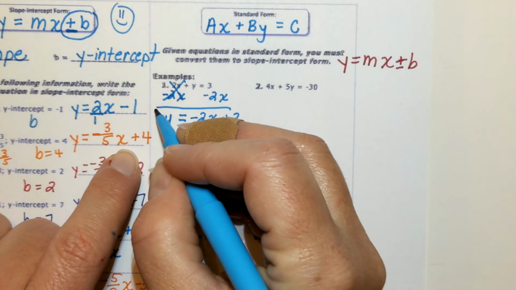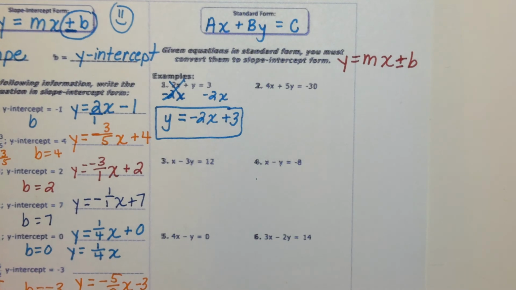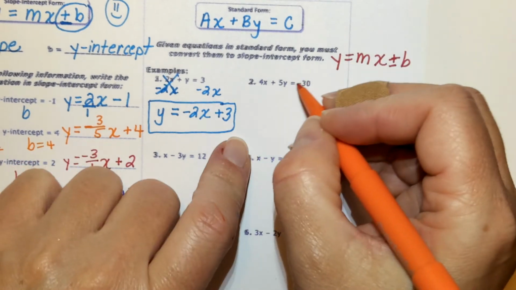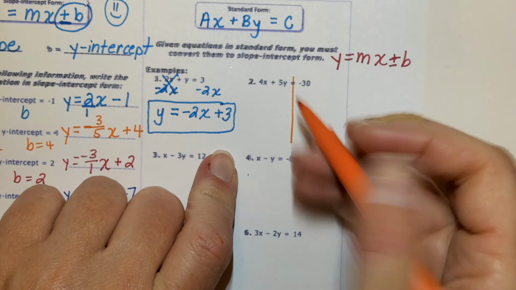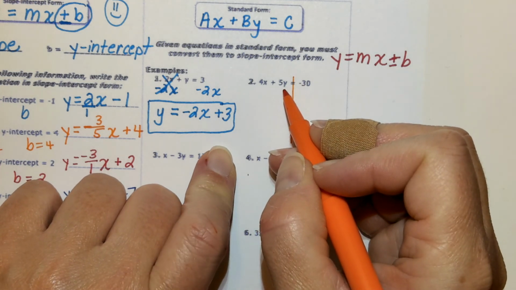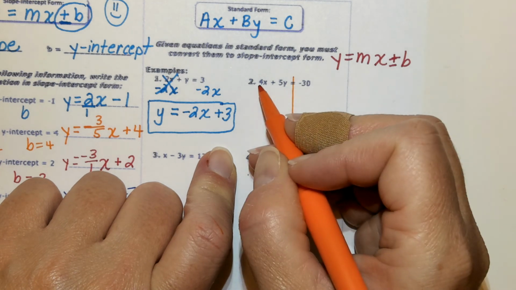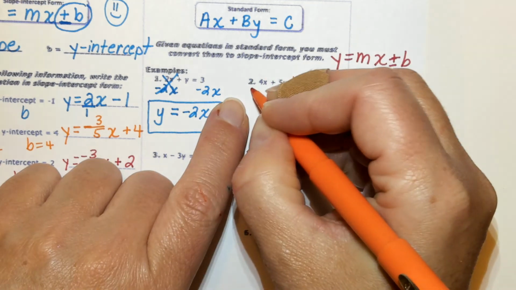So it's weird because the 3 was in the C position to start with. But when we rearrange it, the 3 becomes the B. So check it out. It was the C value when it was here. But when we rearrange it into this form, the 3 becomes the B. Confusing? I suppose if you let it be confusing, it's confusing.